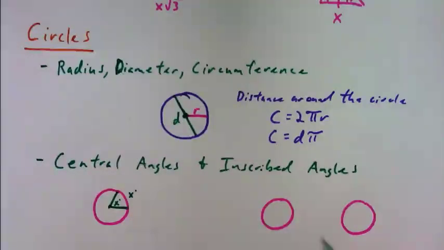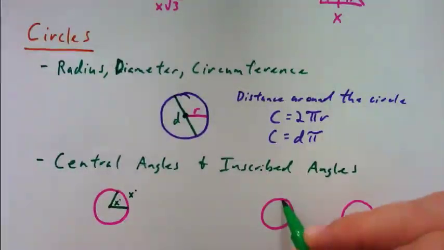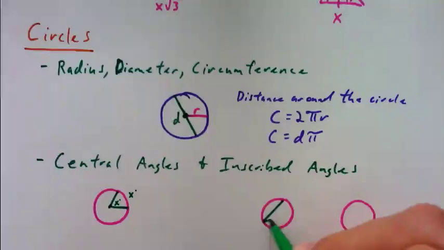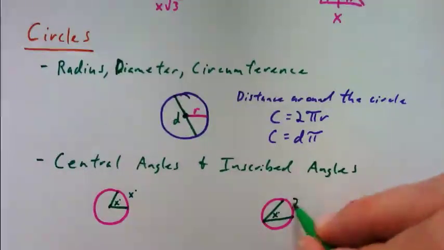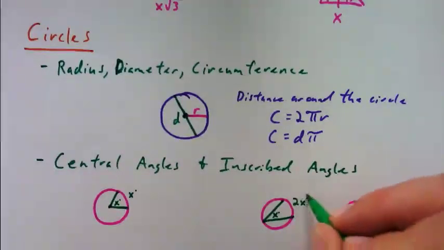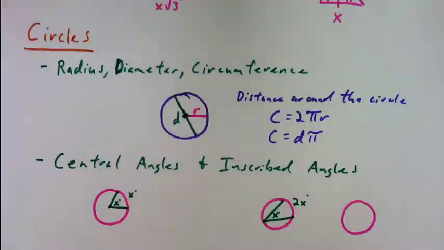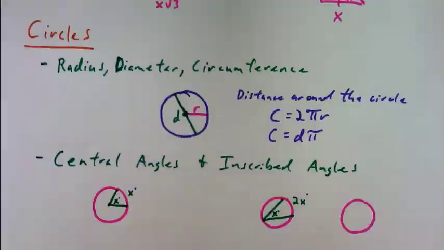Now, in an inscribed angle, if this measurement was x, the arc it intercepts is 2x. So a central angle has the same measurement as the arc it intercepts. An inscribed angle has half the measure of its intercepted arc.